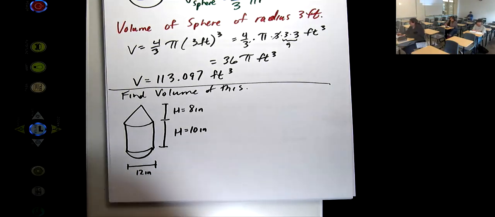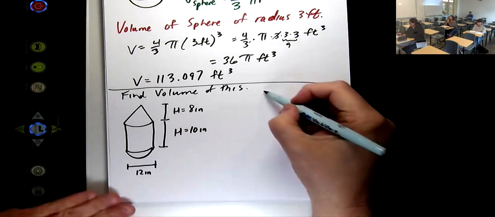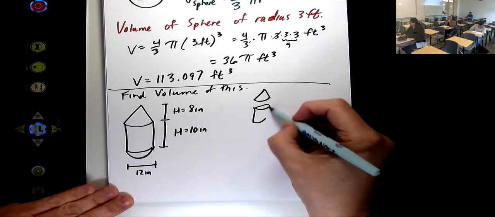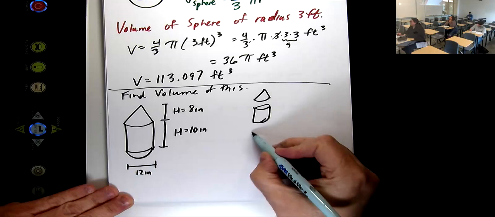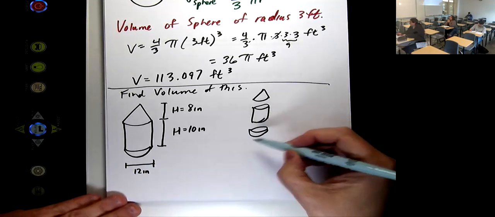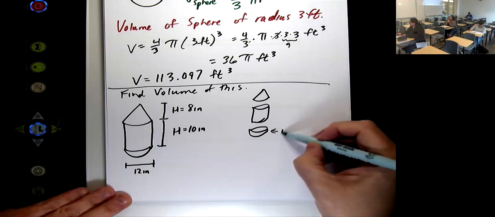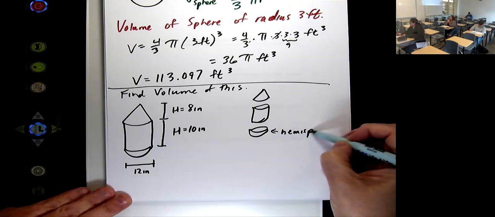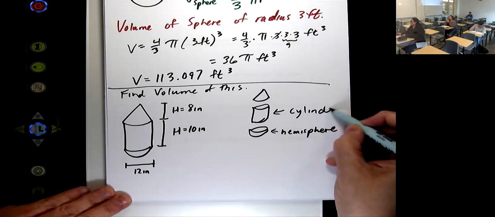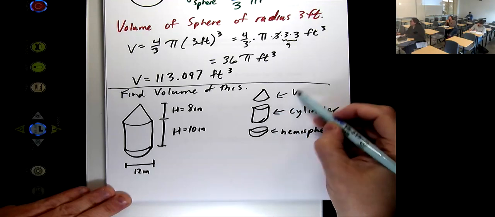So what I have here is a cone on top of a cylinder on top of a half of a sphere, or hemisphere, which is a half a sphere. That's a cylinder, and that's a cone.